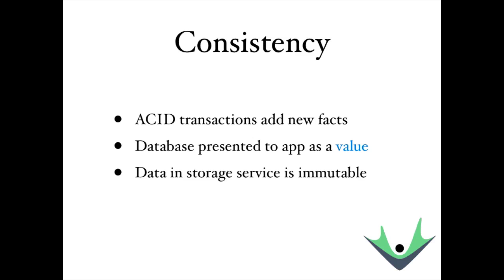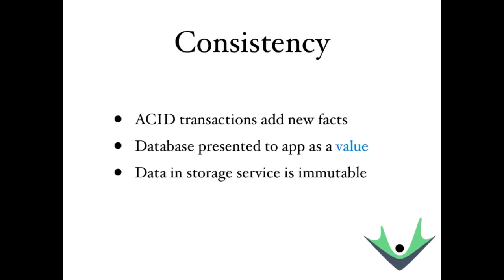Instead, what we'll use for consistency is immutability. And that takes two forms in the system. The first is that when you interact with the database in your application, it's not like you have a live connection to a morphing thing. What you can do at any point in time is just ask the connection for the database, and what you'll get in your application is a value like 42 is a value.